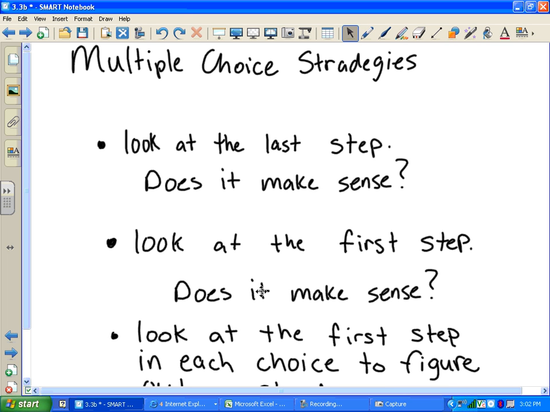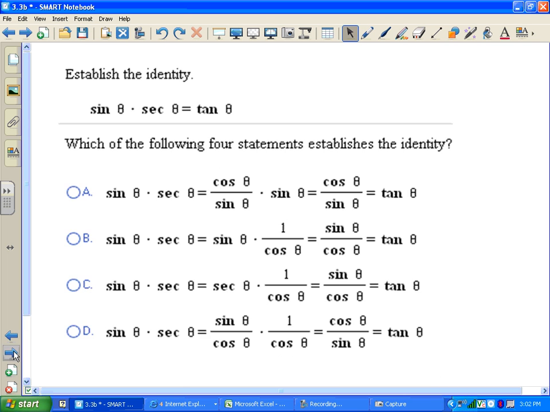So let's actually look at a problem here. I'm going to skip forward and look at this actual multiple choice question of verifying the identity. Now, notice that it looks really overwhelming when you do this. It helps me to break it up into different steps. In this case, they're taking 2 or 3 steps to do this.